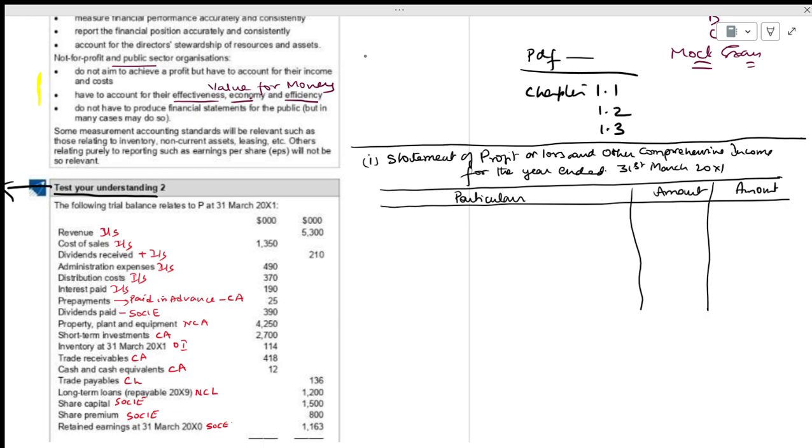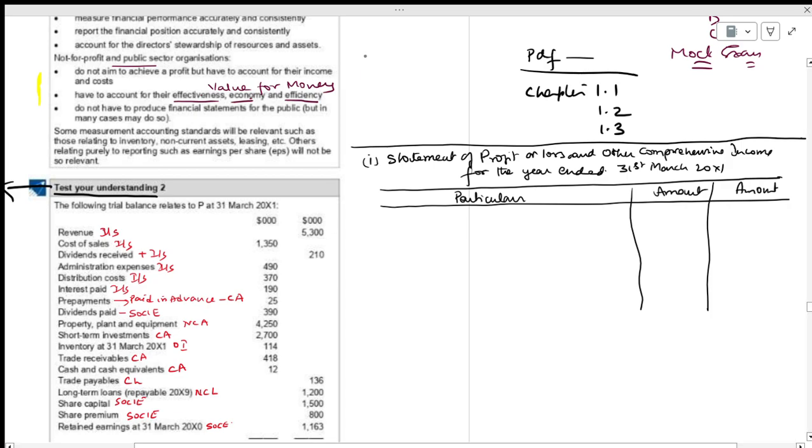Sumaya, you will do the income statement. Mazin will do the statement of changes in equity, and Hussein and Salim will do the balance sheet. We will divide it among everyone.